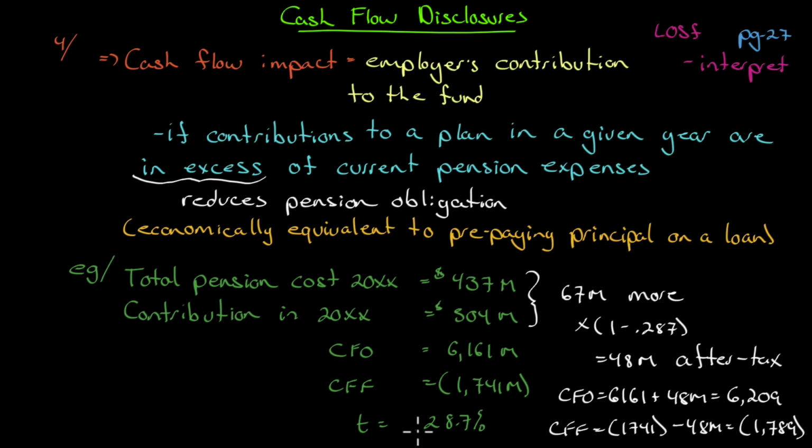So I imagine a question at this point is, why would a company contribute more than it had to? Especially when we consider that cash flow from operations is such a prized number for companies. Why would it make sense for a company to contribute more to its pension obligation than it needed to?